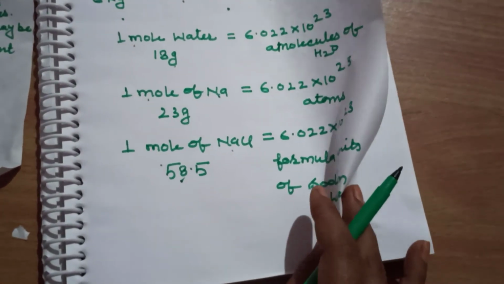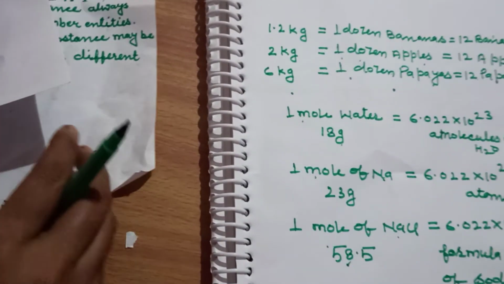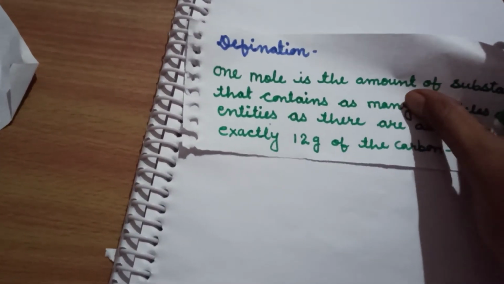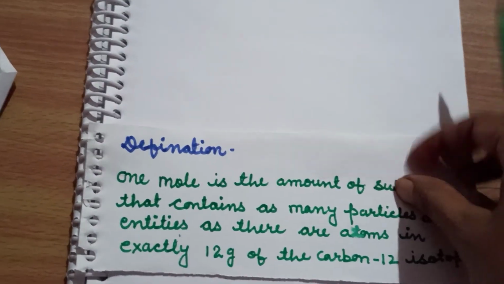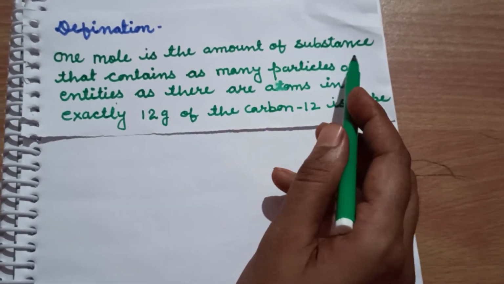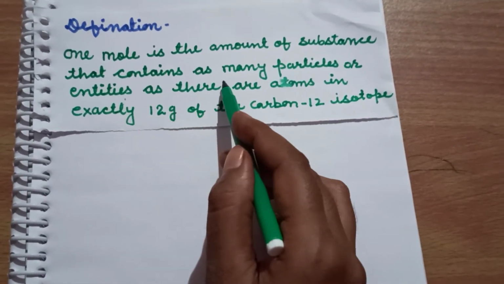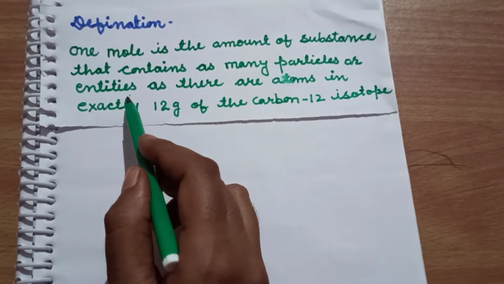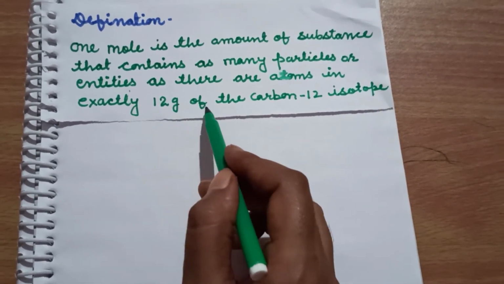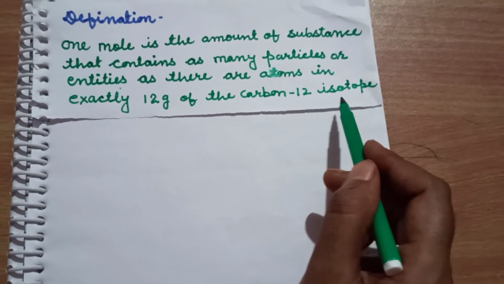Now let us understand the definition of mole. The definition of mole is: 1 mole is the amount of substance that contains as many particles or entities as there are atoms in exactly 12 gram of the carbon-12 isotope.